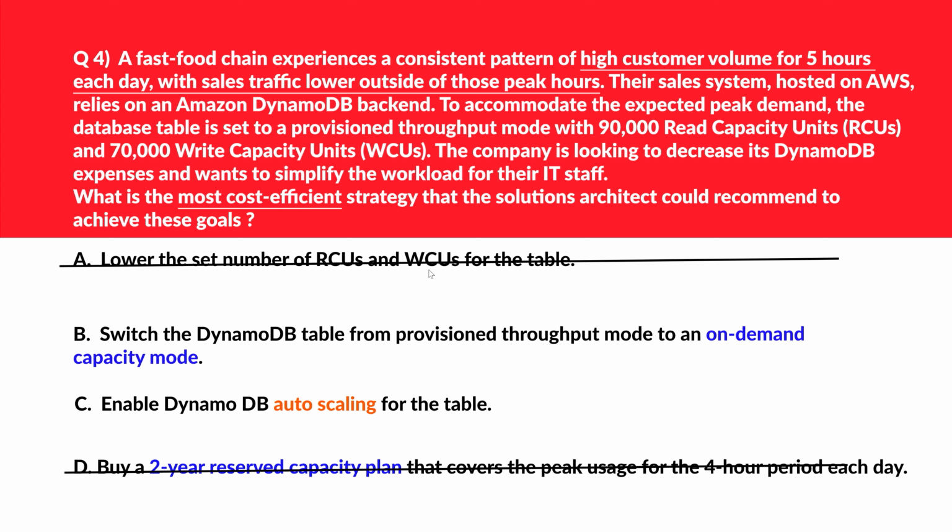Hence, the safest and the best option to tackle such scenarios is to leverage the power of auto scaling. Hence, we'll keep option C, reject option B, and lock it as the correct answer.